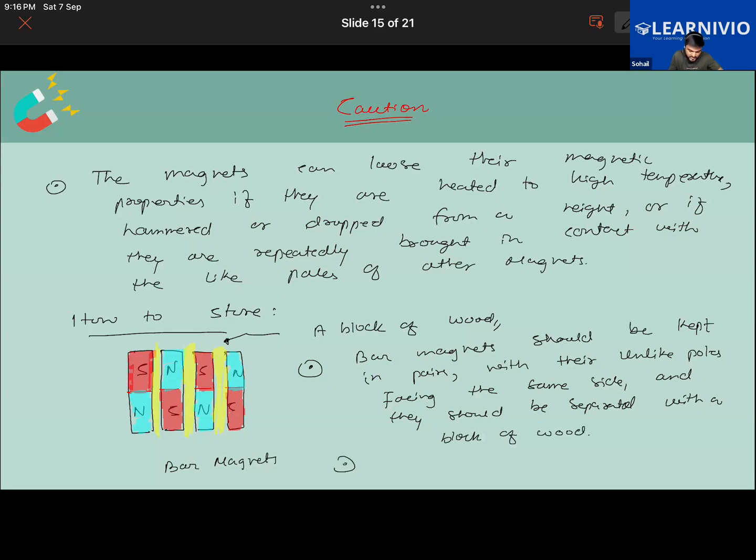Another thing is that they should be kept away from computers, mobiles and televisions. Write down these things.